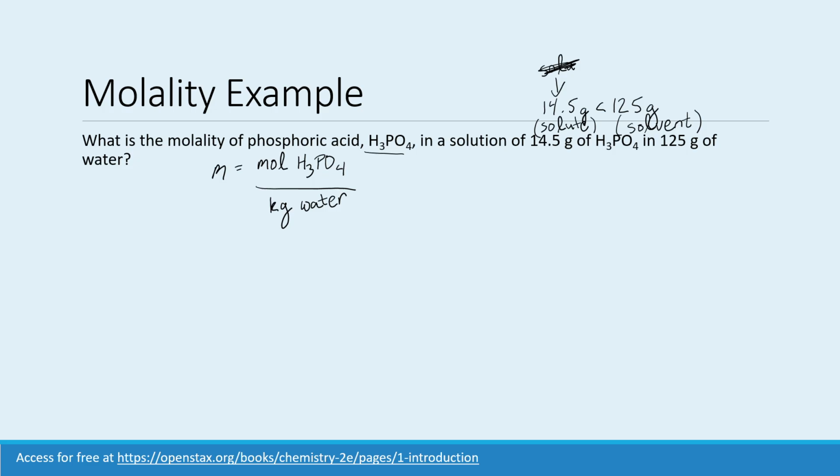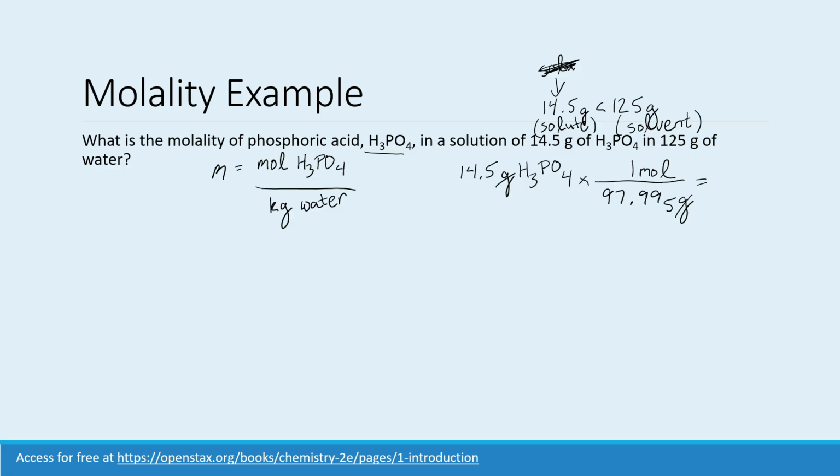All right, so we first need to determine the moles of phosphoric acid from the grams, and so we know how to do this by now, right? We're going to need that molar mass. So we take the 14.5 grams and we are going to divide by the molar mass of phosphoric acid, which is about 97.995, probably keeping more digits here than I needed to, per 1 mole going on the top there, so grams cancel.